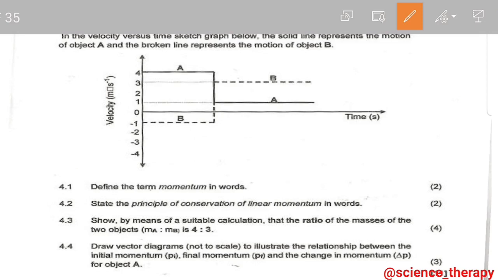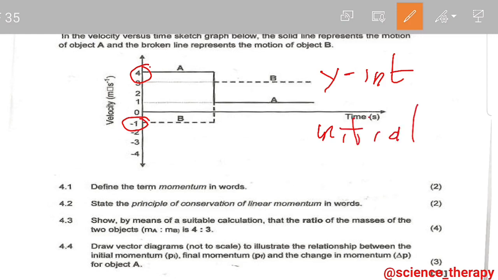If you are given a velocity versus time graph, the velocities that you're going to see on the y-intercept indicate your initial velocities, right? So that means the initial velocity of A is 4 and the initial velocity of B is -1. Then the ones that you're going to get throughout, those are your final velocities, right?